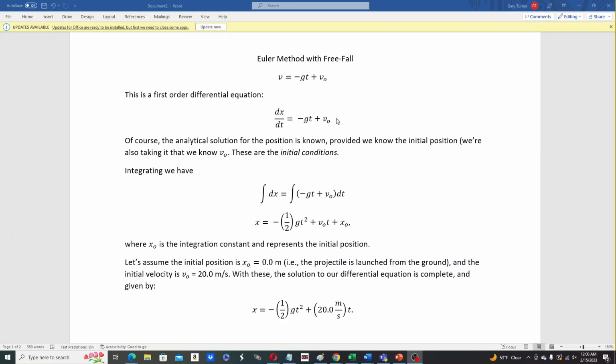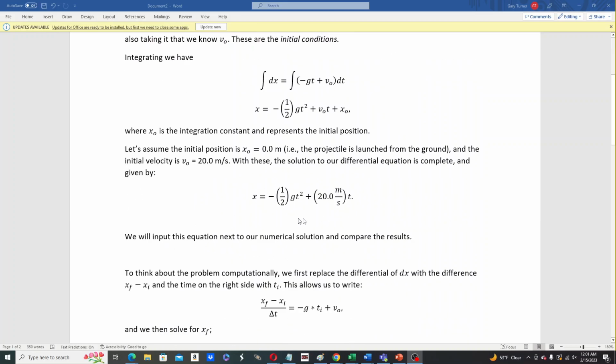Given how we have set the velocity equation up, this is assumed to be a coordinate system where up is positive. So just make a note of that, and that's why we have a positive value on v naught and a negative sign in front of g.